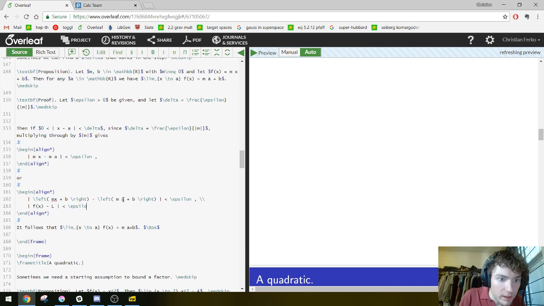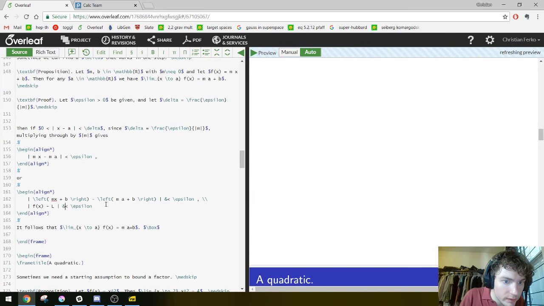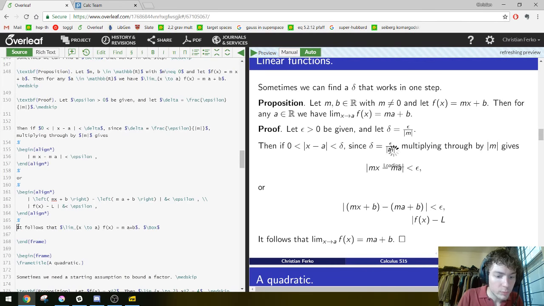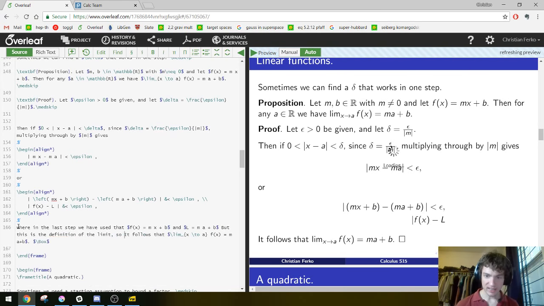And I'll align this, and less than epsilon, comma, where in the last step we have used that f of x equals mx plus b and L equals ma plus b. But this is the definition of the limit, so now it's going to take 10 years to render.